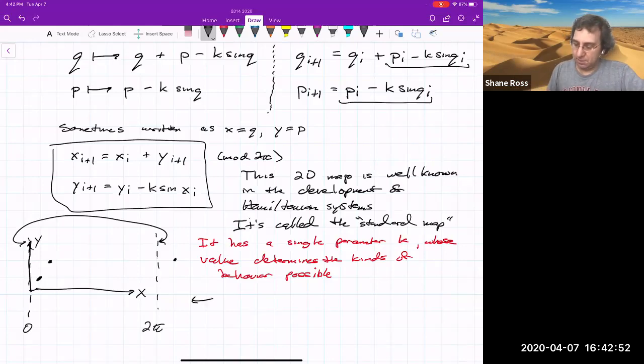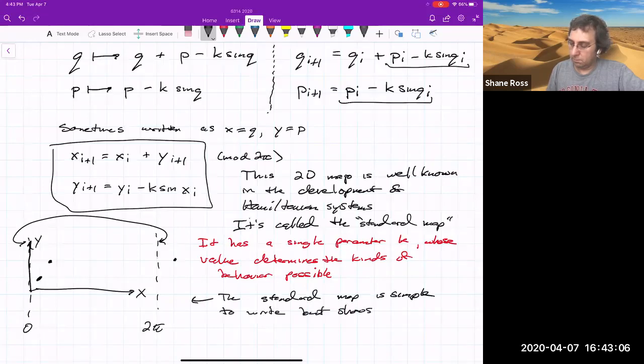But this map, the standard map, shows all of the richness of Hamiltonian systems. I mean, it's simple to write, but shows all of the richness of Hamiltonian systems.